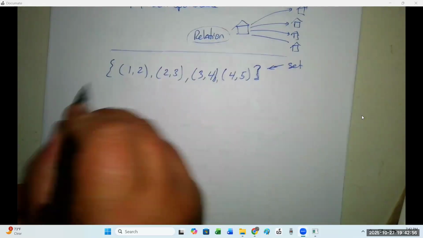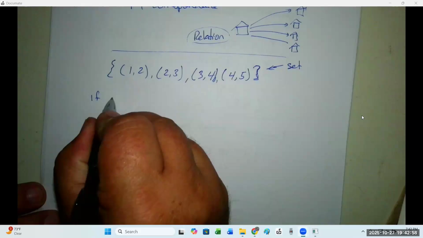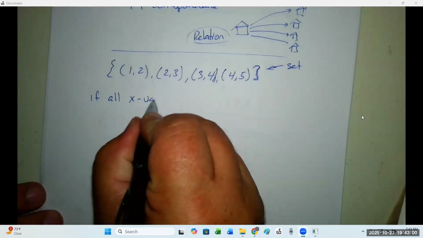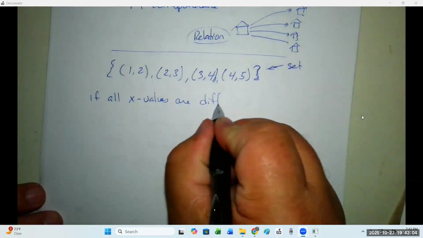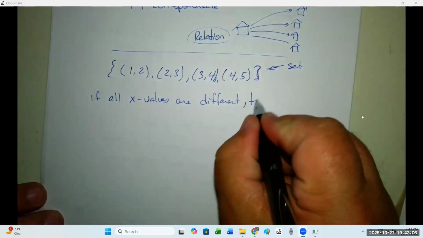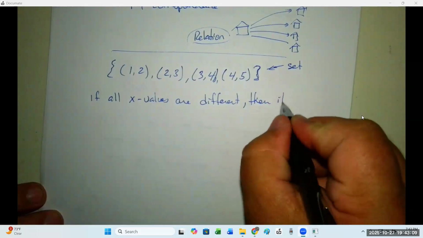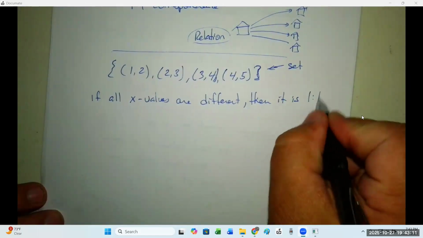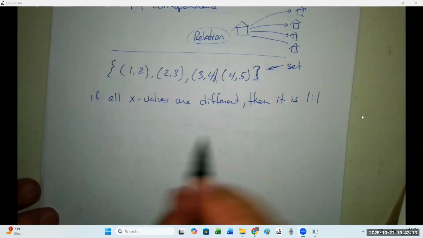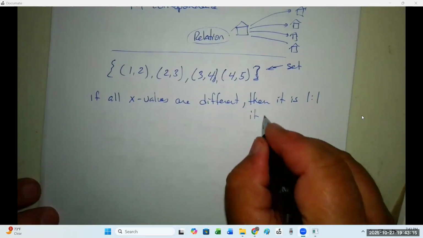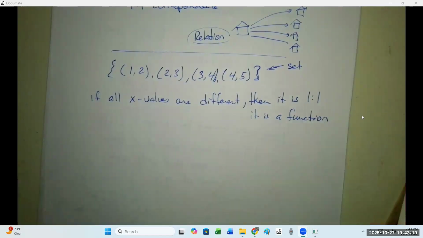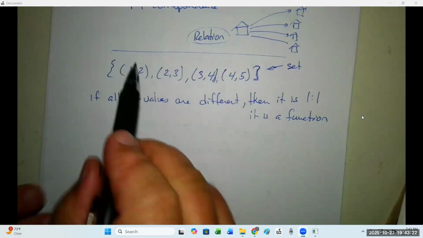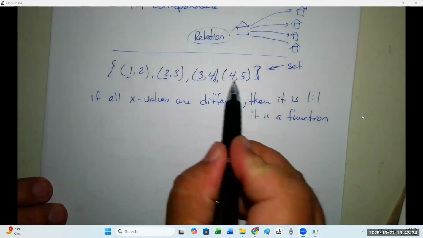Well, the easiest way to do it, if all x values are different, then it is one-to-one. It is a function. So all the x's, they're all different.